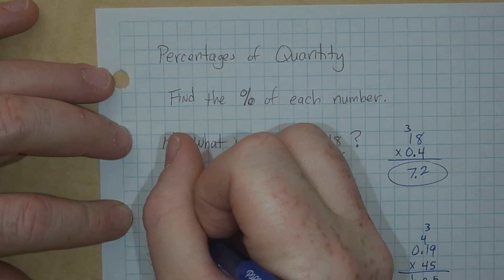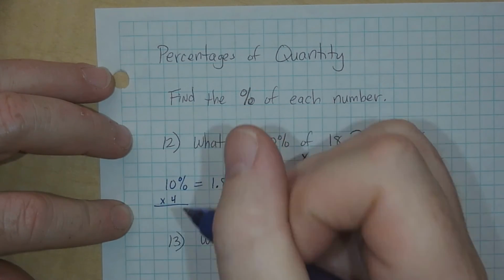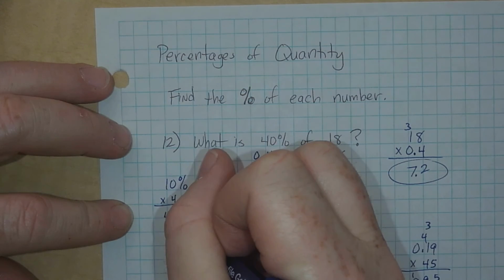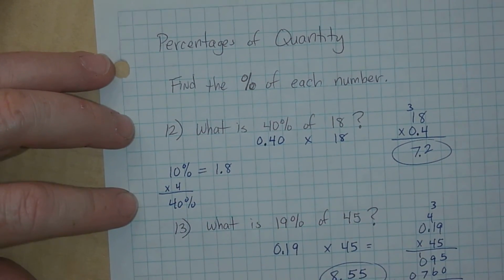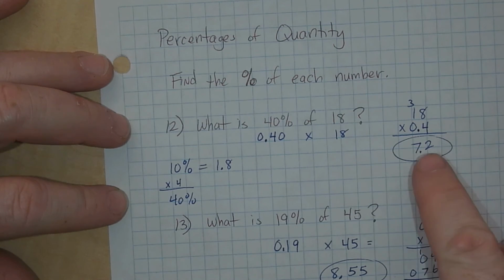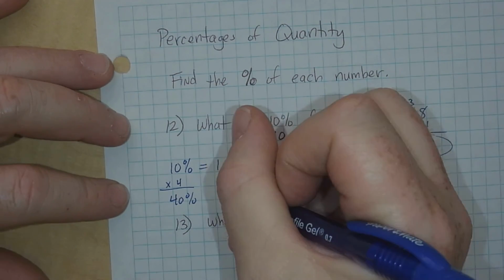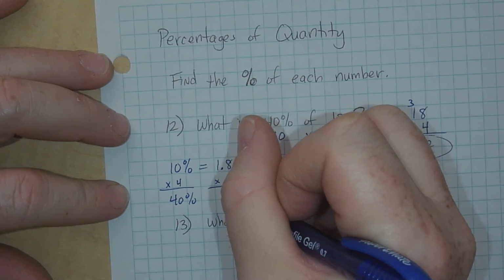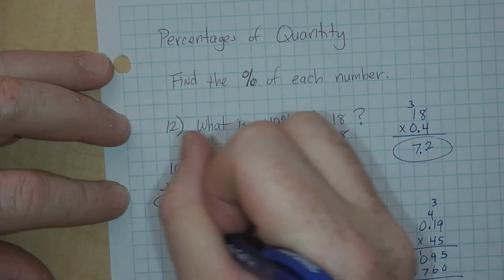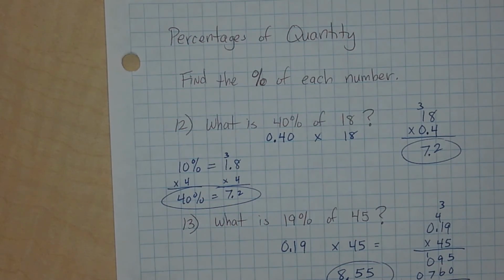So if we multiply that by 4, or add 10% plus 10% plus 10% plus 10%, we get 40%. If you take 1.8 and add 1.8, 1.8, 1.8, add them all up together, you should get 7.2. In this case, I just multiply by 4. And you should get 7.2. That's just another way of looking at it, using 10%.